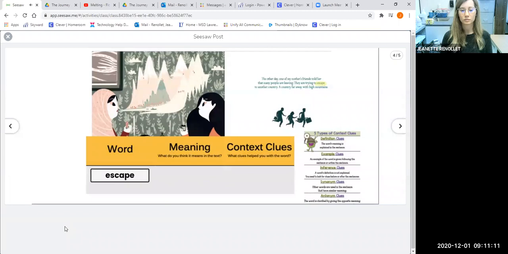This is an example of an inference clue. That means the word's definition is not explained in the text. I have to look for clues that surround the word to help me understand the meaning. I notice in the text it says the friend told her mother that many people are leaving.